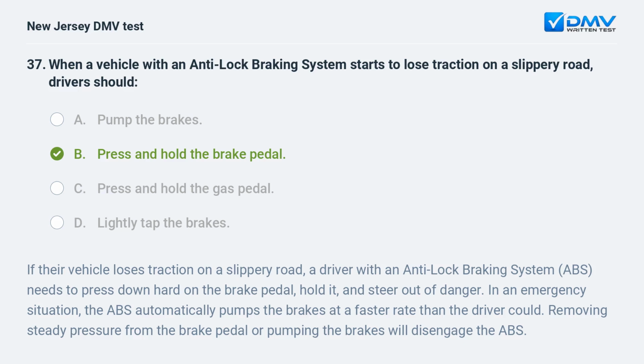If their vehicle loses traction on a slippery road, a driver with an anti-lock braking system (ABS) needs to press down hard on the brake pedal, hold it, and steer out of danger. In an emergency situation, the ABS automatically pumps the brakes at a faster rate than the driver could. Removing steady pressure from the brake pedal or pumping the brakes will disengage the ABS.